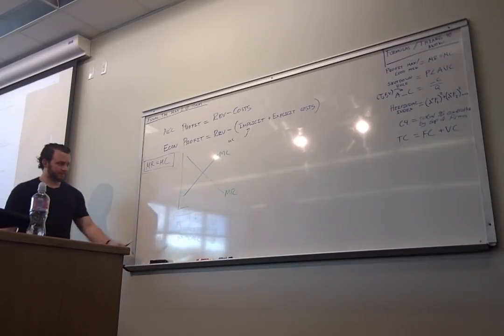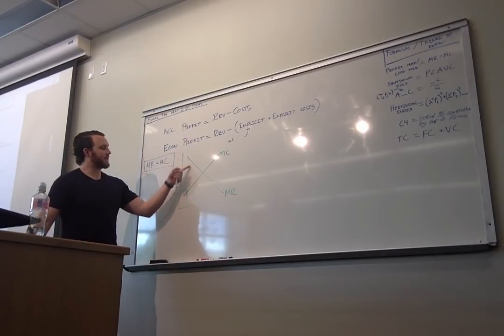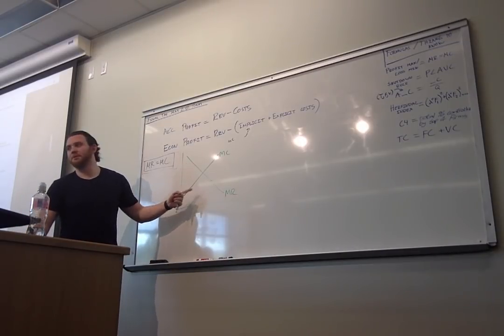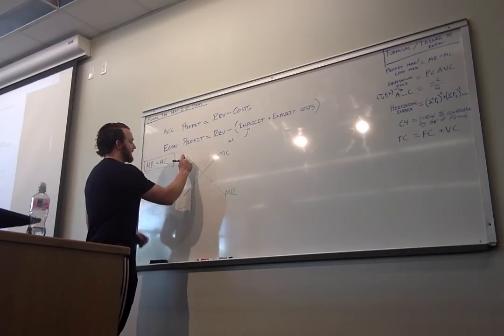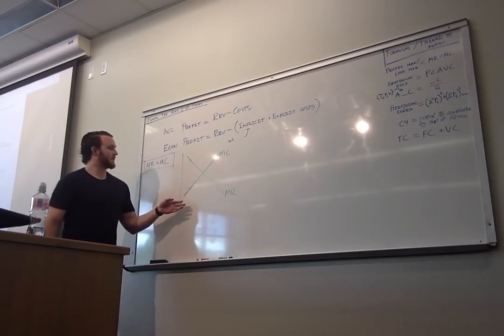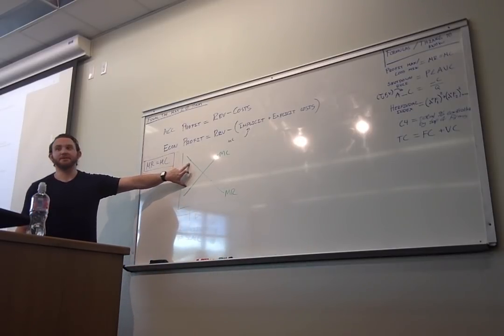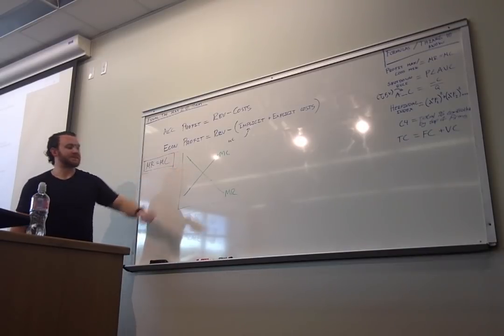If you sell anywhere within this region, what's true about your marginal revenue when compared to your marginal cost? Yeah, it's greater, right? Here's my marginal revenue, here's my marginal cost. So on that unit, if I produce it, I'll be making that amount of profit. Is everybody cool with that so far? So that is true all the way up until what point?